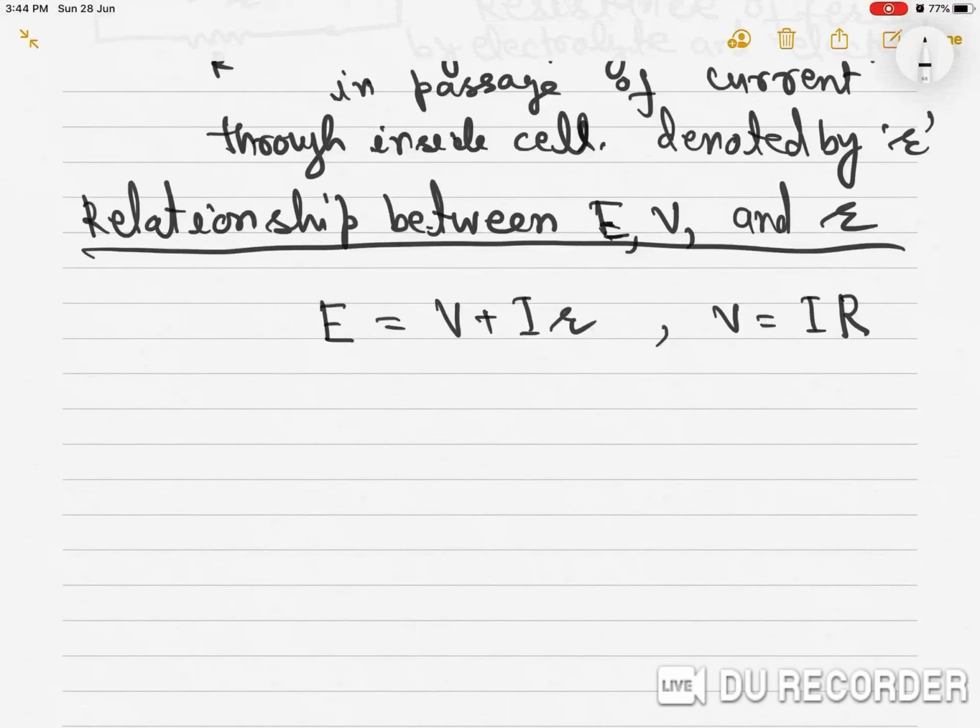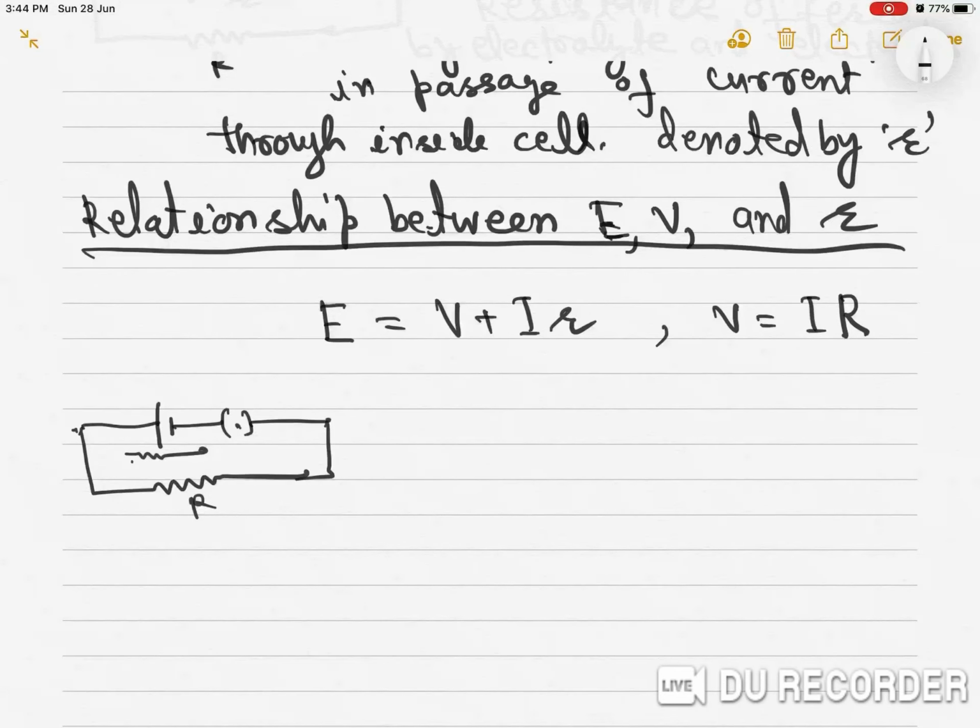So, I am making a diagram here. This is a cell, key, and the external resistance connected, its value is R.